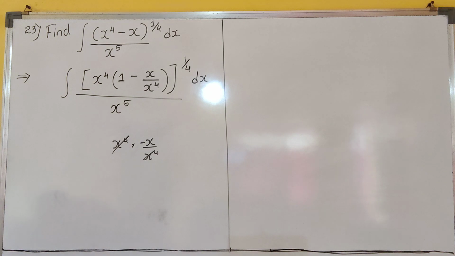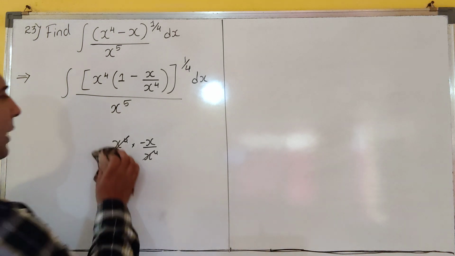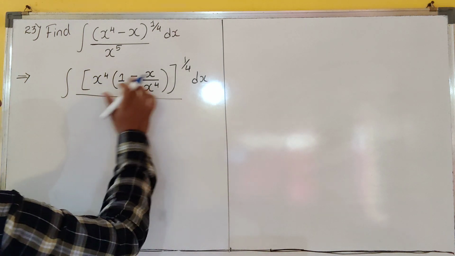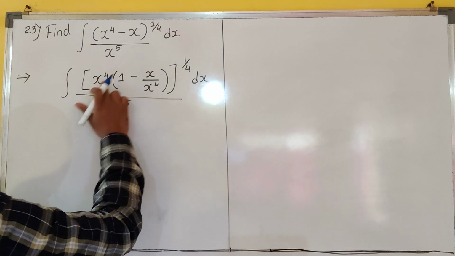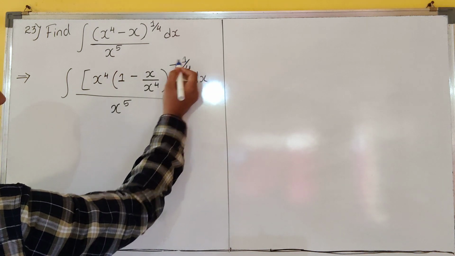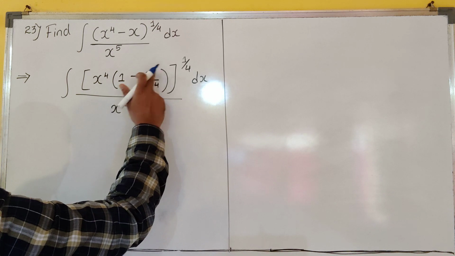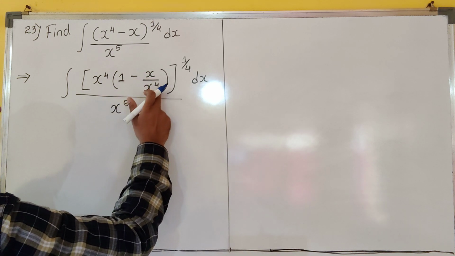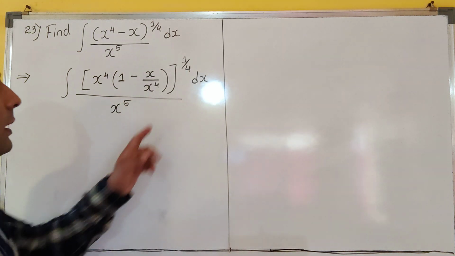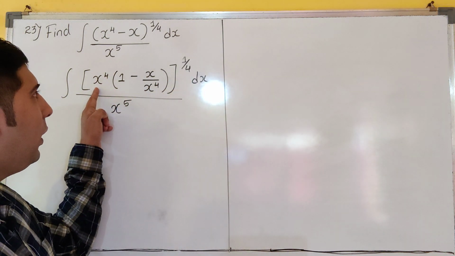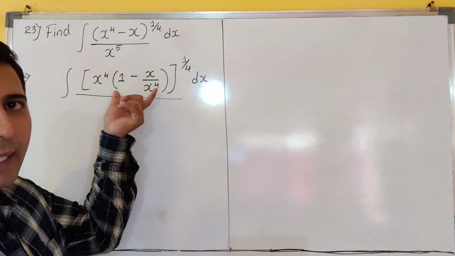I hope it is clear to everyone. So now see how to solve this one, dear students. Easily we can solve this. x raised to 4 times (1 minus x upon x raised to 4) raised to 1/4. This raised to 1/4 belongs to x raised to 4 also and for this bracket also.